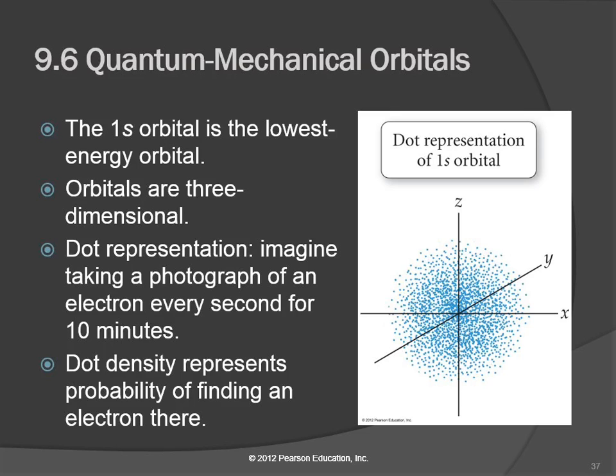And so you can get a map of where the electron is. We see a pattern here that there's this region where we're probably going to find the electron, but it could be over here. So for the dot representation, imagine taking a photograph of an electron every second for 10 minutes. It's more dense in here, and that represents a higher probability of finding an electron.